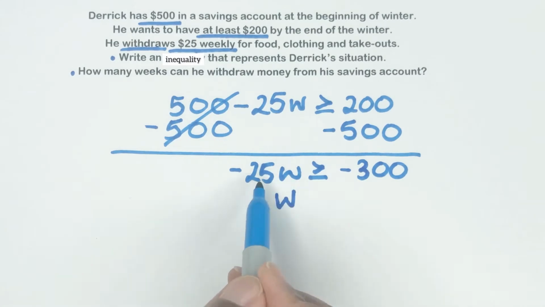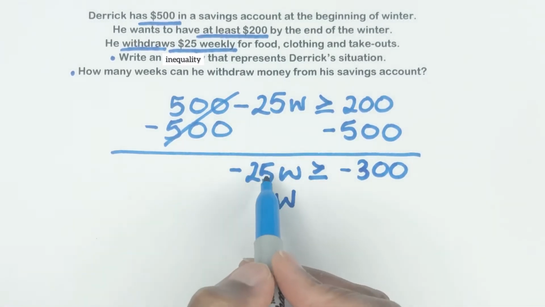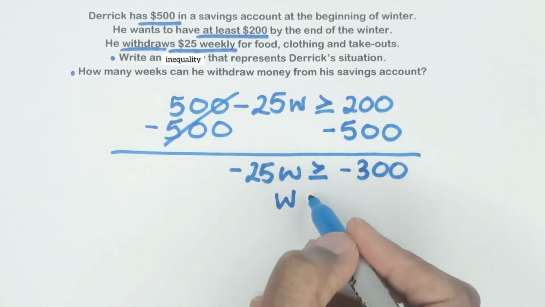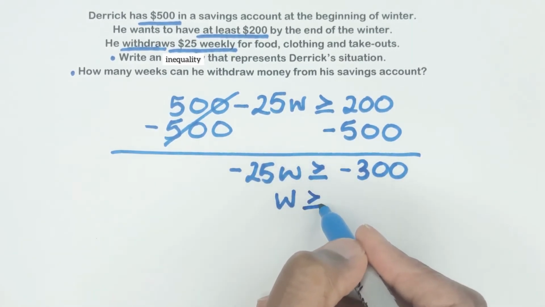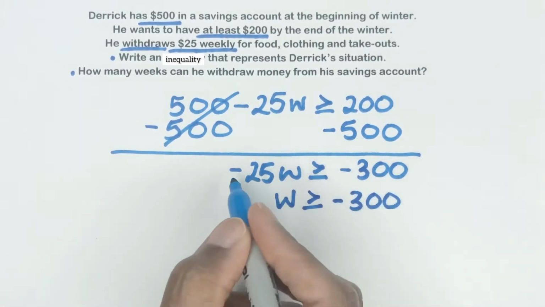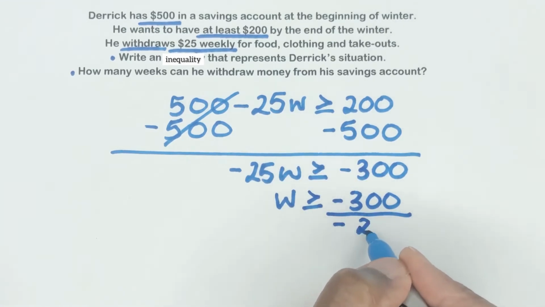So to get rid of that, we have to do the opposite operation, which is divide, because this is 25 times W. So we have to divide. So W is more than or equal to the minus 300, and we bring this minus 25 underneath it, which represents the division that we're doing.